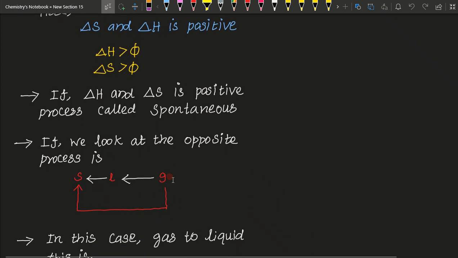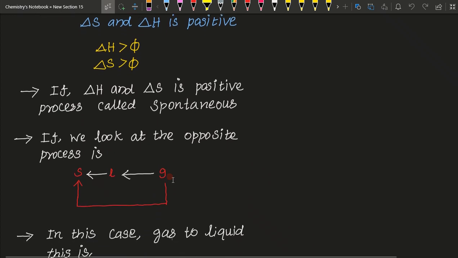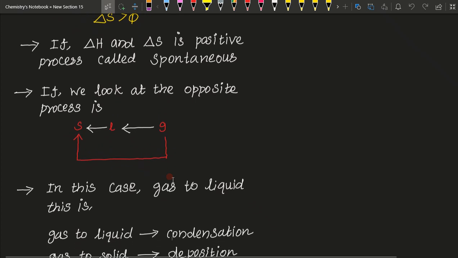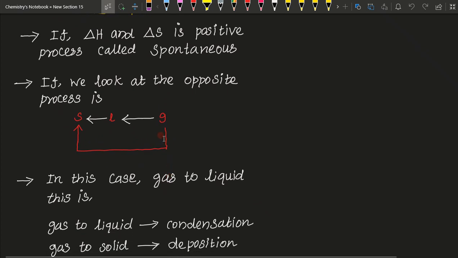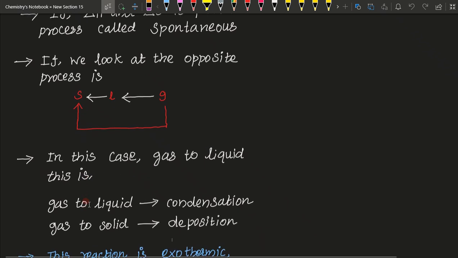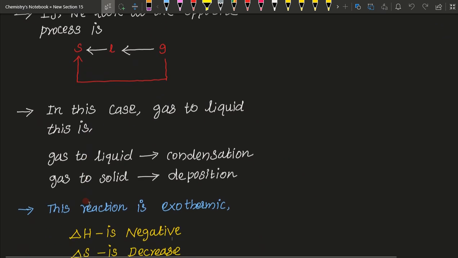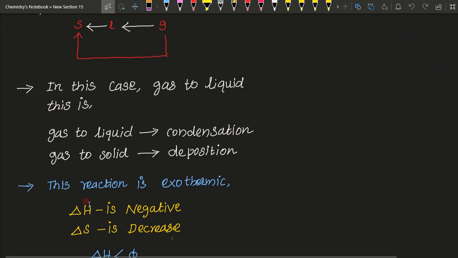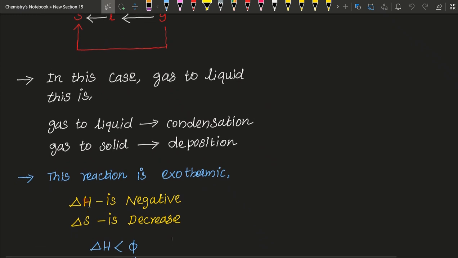If we look at the opposite process, in this process gas is going directly to solid. Gas to liquid is called condensation. Gas to solid is called deposition.